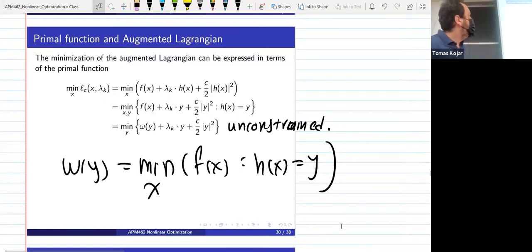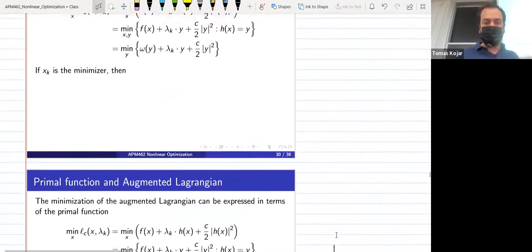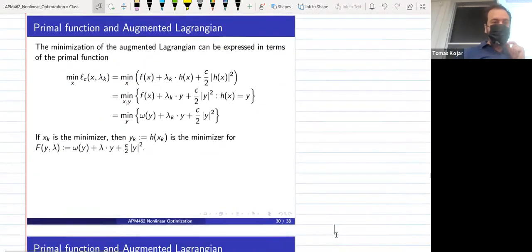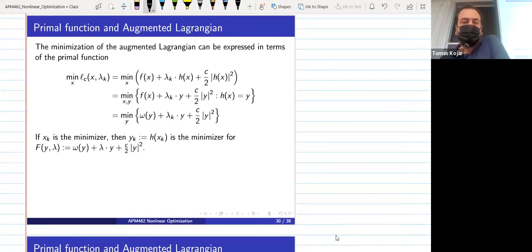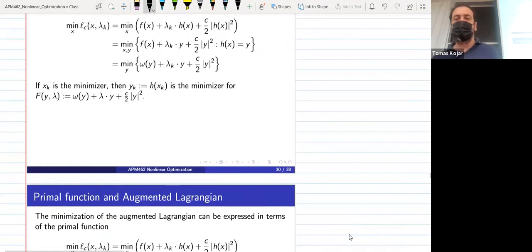So why did they do that? Because if you remember, we have a picture for the primal function. Let's see the picture. Suppose x carries the minimizer from the algorithm. Let me write the algorithm so that you don't forget.